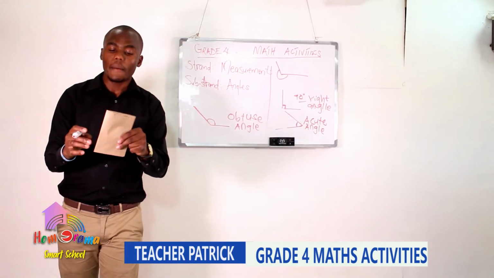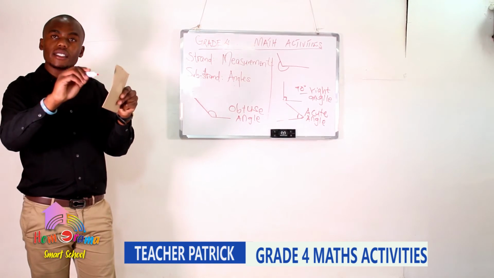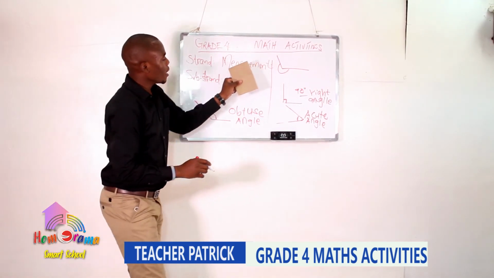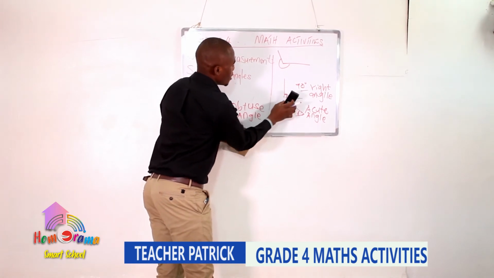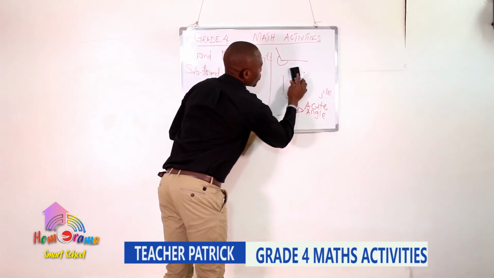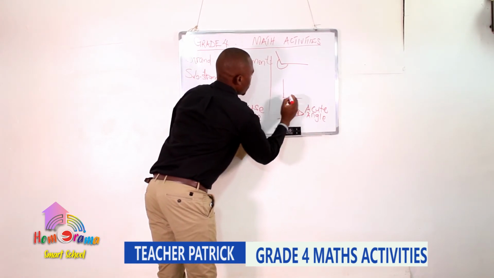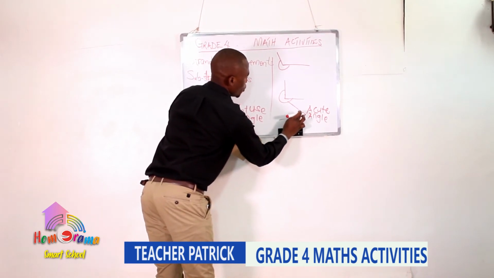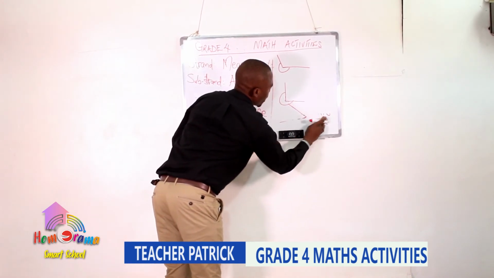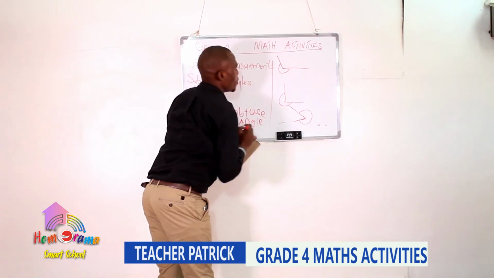Suppose it was 90, but the turn is outside. This one was 90, then they put it outside like that. This one was acute, but instead of being acute, they put the amount of turn outside like that.